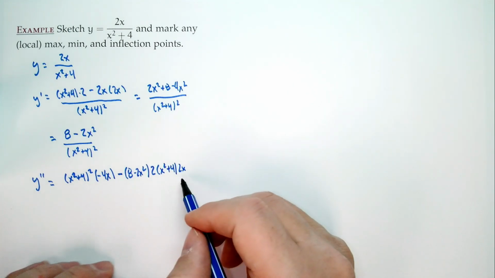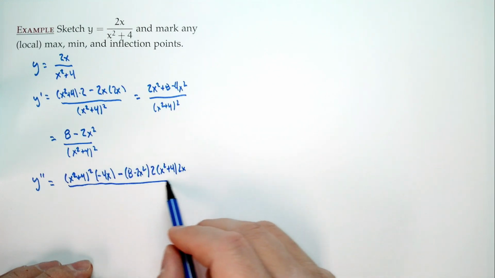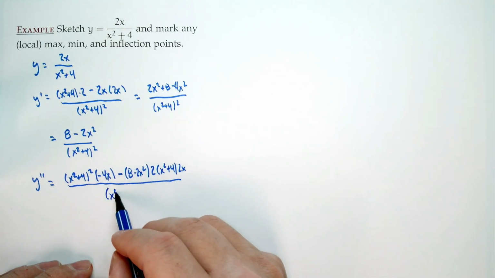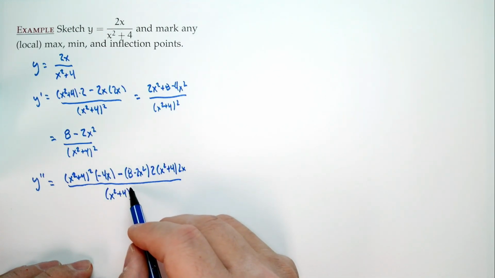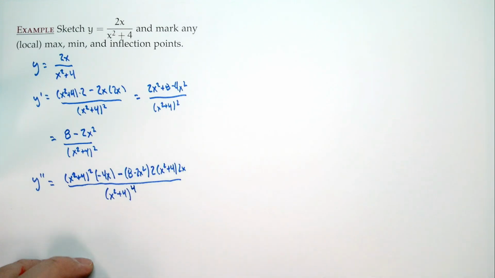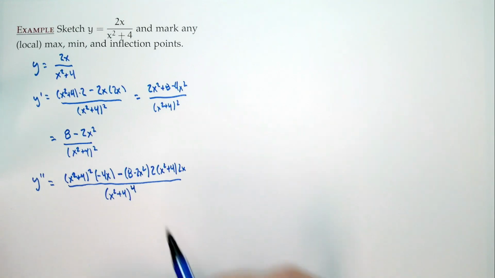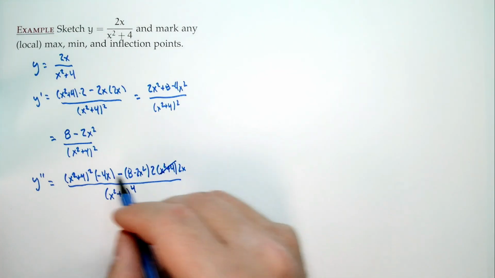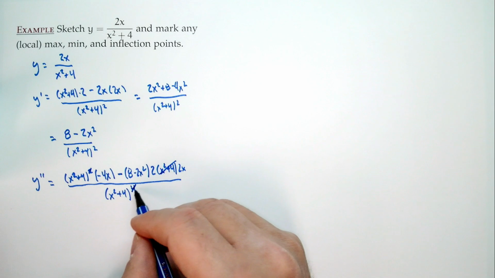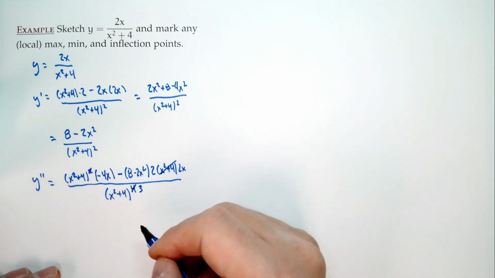We've got to do the chain rule. All over the bottom term, x squared plus 4 squared, squared. So that'll become x squared plus 4 to the fourth. Now, one thing we can do to simplify this right from the start is we can cancel off a single x squared plus 4 off of every piece. So we get down to there.